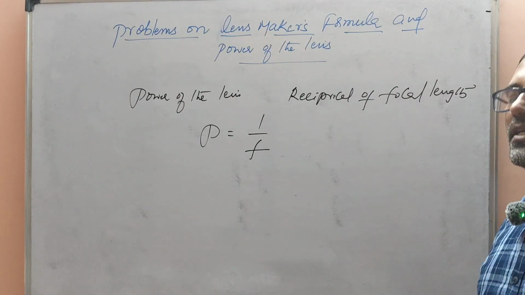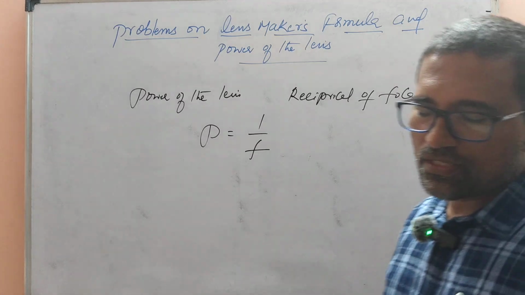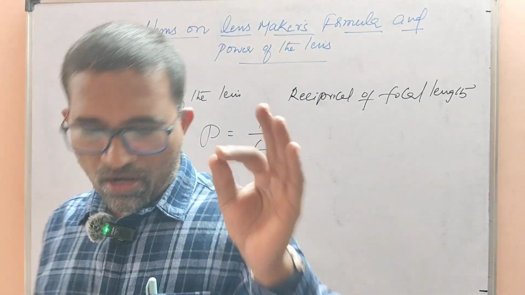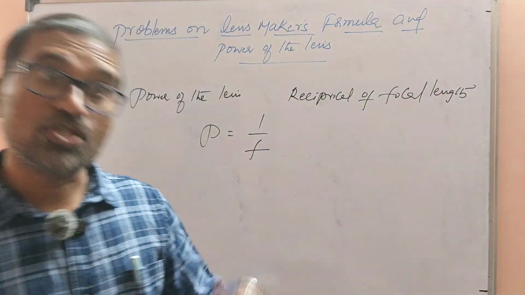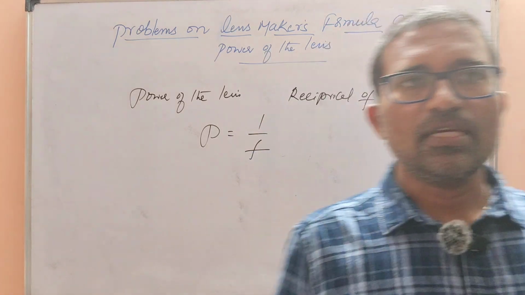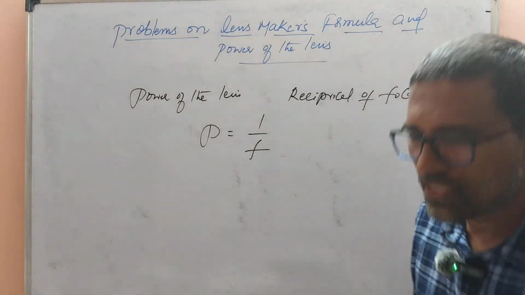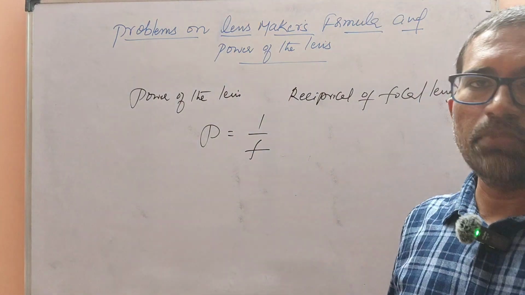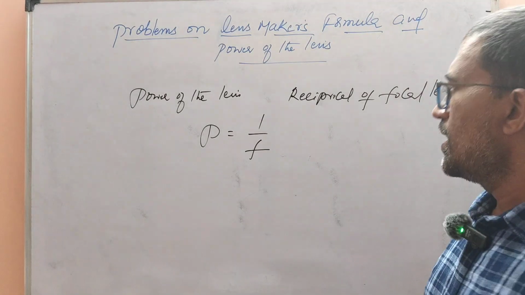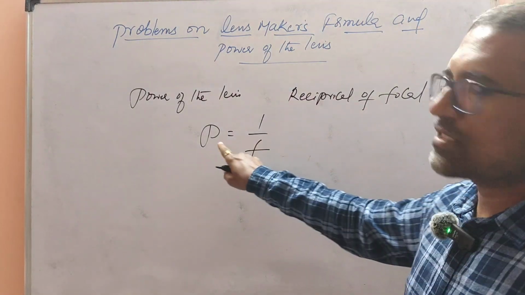I will repeat: the degree of convergence or divergence of light rays that can be achieved by a lens is called the power of the lens. This is the standard definition.